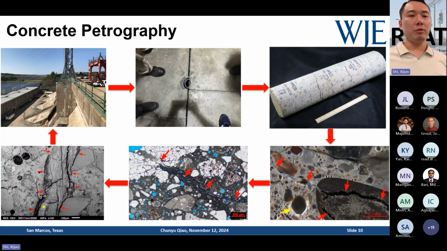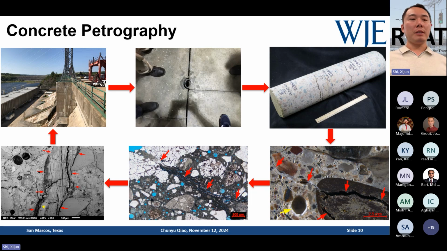And also we want to know, this structure has been here for decades. So is this reaction new or old, or how long has it been there? Even though we cannot accurately date back the timeline of ASR reaction, the chemical composition of the gel can give us some idea how old the gel is.